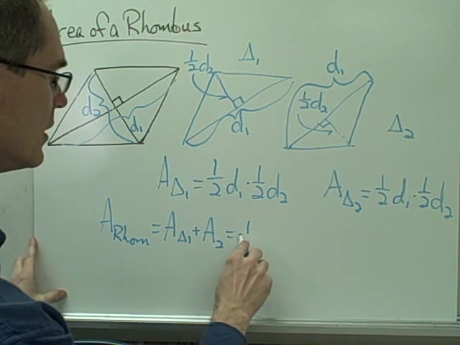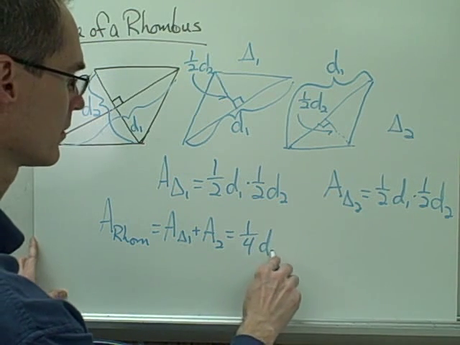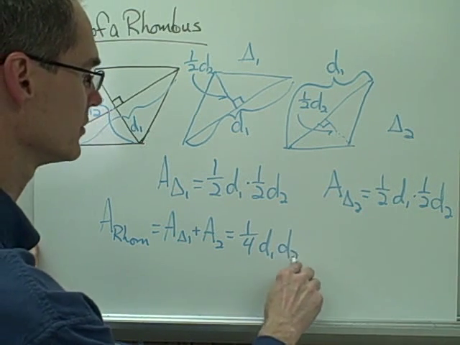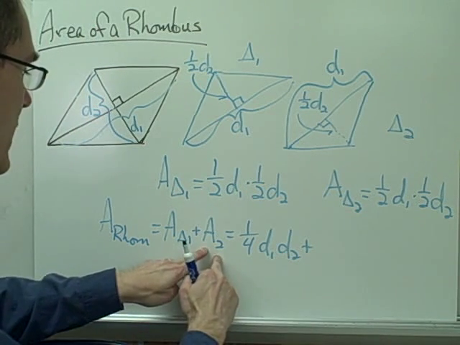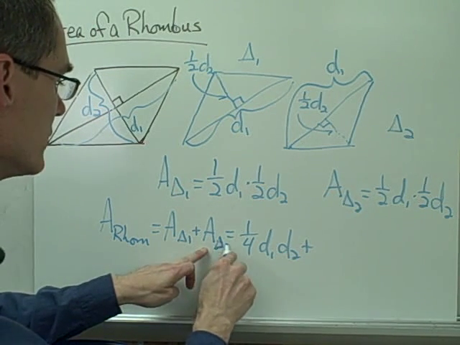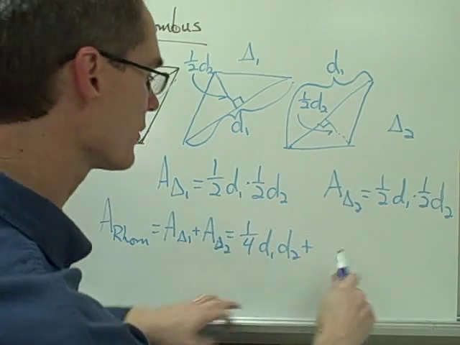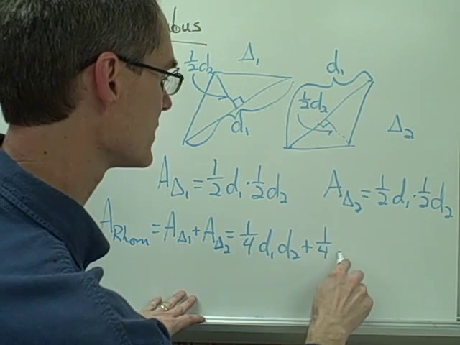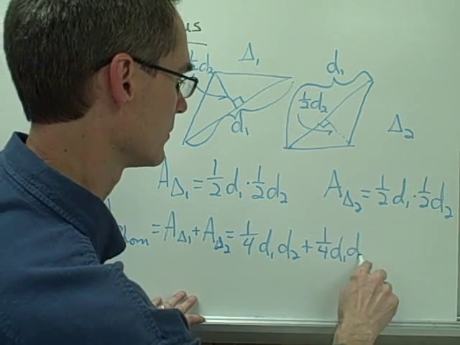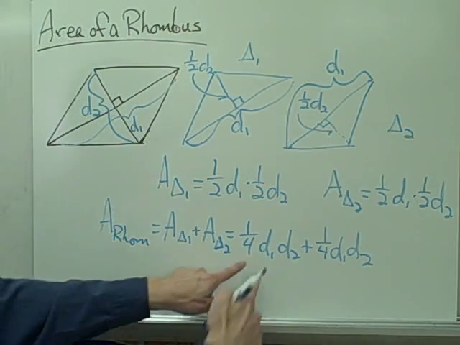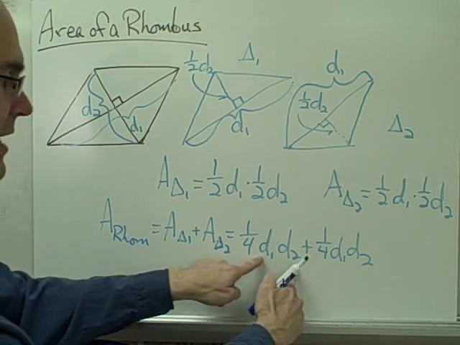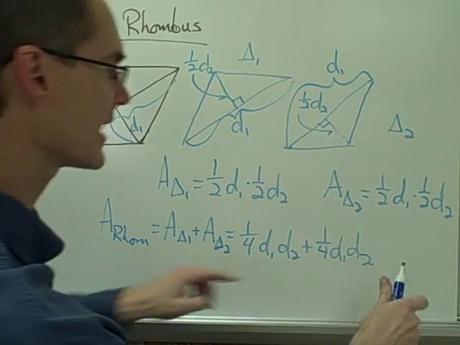So that's going to be 1/4 diagonal 1 times diagonal 2 plus the area of triangle number 2, again, that's 1/4 diagonal 1 times diagonal 2.